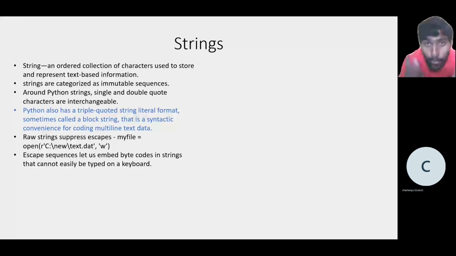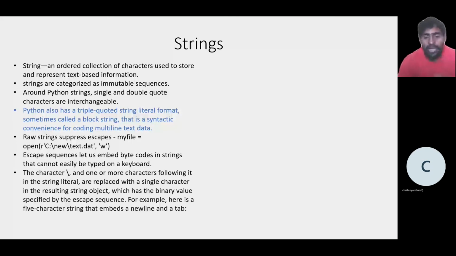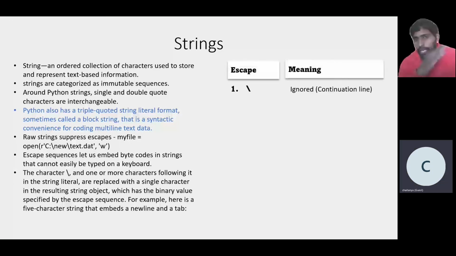It is very important. That's the reason I'm saying. So the escape sequences we will check. For that we use a backslash, and we add different characters to get different sequences. If you give only a simple backslash, it will just ignore it and continue that line.